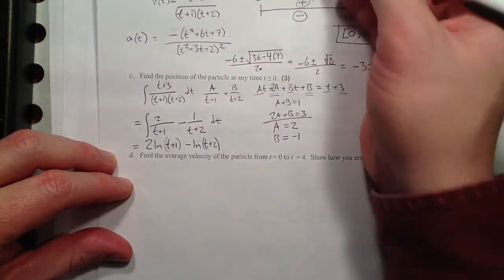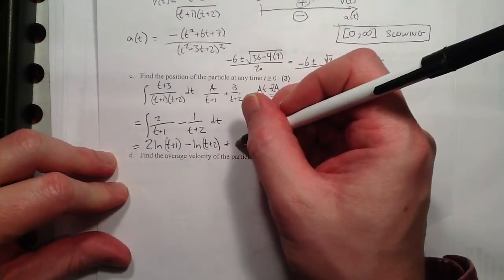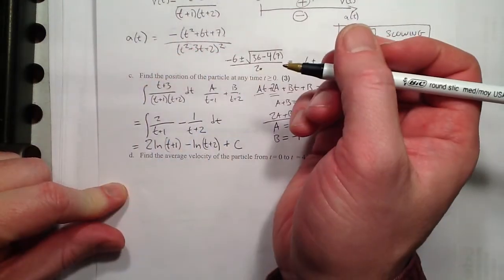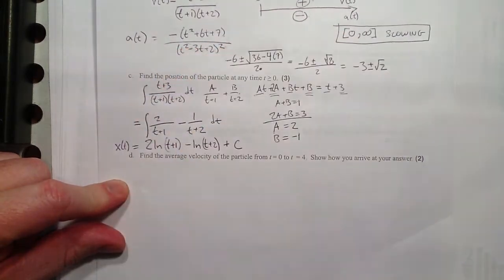Since I'm only dealing with positive t values, I didn't need absolute value signs. You can put them there though, that's fine. That's my position function, my x of t function.